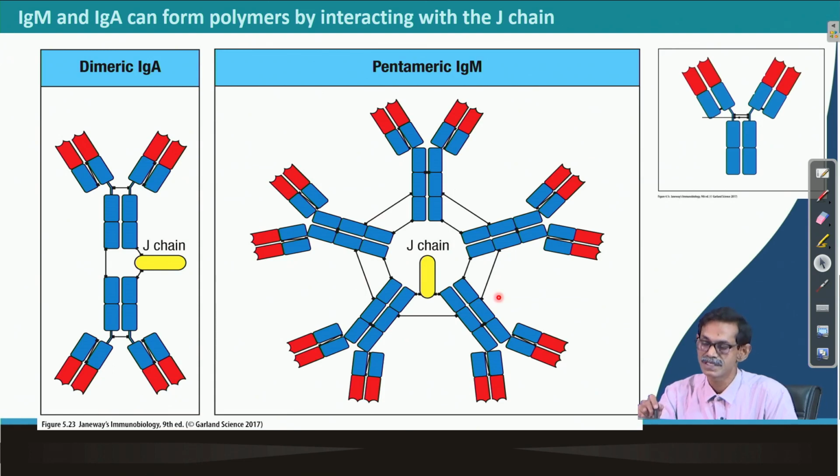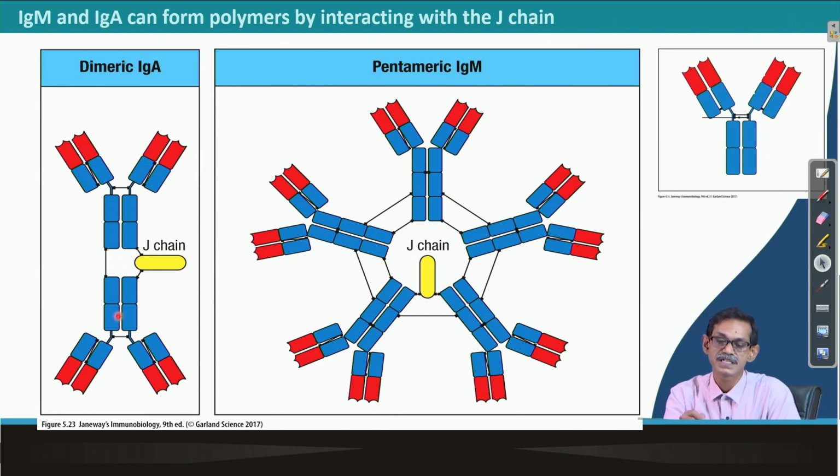That is why its molecular weight is so high. And this is a very common question, how in pentamer IgM are these monomers attached, by peptide bond or what? No, you see all are disulfide bonds. Even the J chain which is connecting, this J chain is also connected to monomers by disulfide bond.